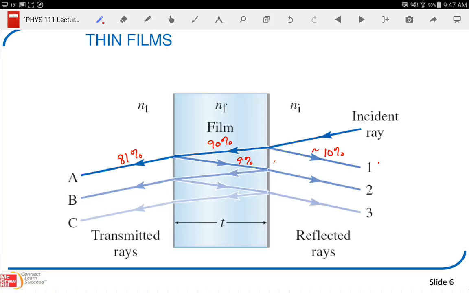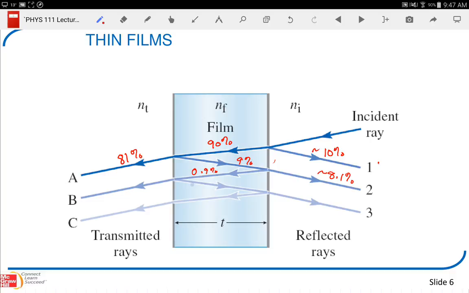We're going to have both transmission and reflection, so we'll have about 90% of 9, so about 8.1% of my original light comes out there in beam 2, and the remaining 0.9% is reflected back.